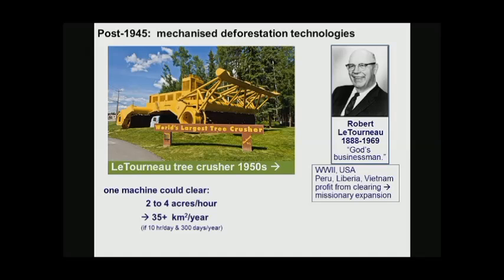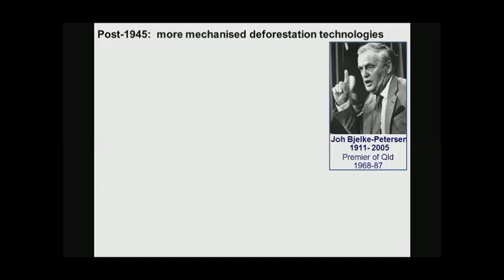In this brief look at how we've changed the environment, I couldn't actually go past our own Queensland example, who's probably a familiar person to many of you, the Queensland Premier, Joe Bjelke-Petersen.